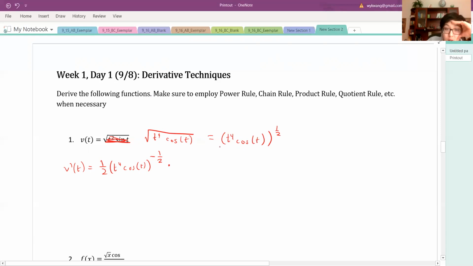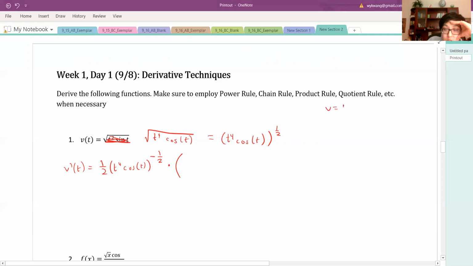Well, that's all fine and dandy, but t to the 4th cosine of t, that's not exactly the easiest thing to take the derivative of, because I need to employ power rule. So it's actually like a double thing here. So let's just first find the derivative of t to the 4th cosine of t.